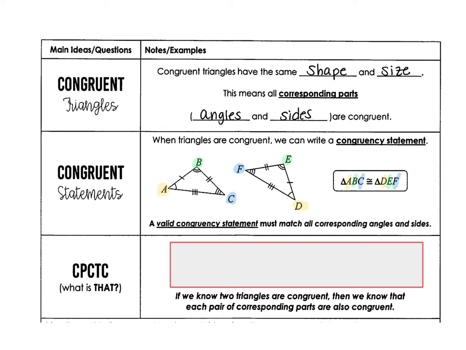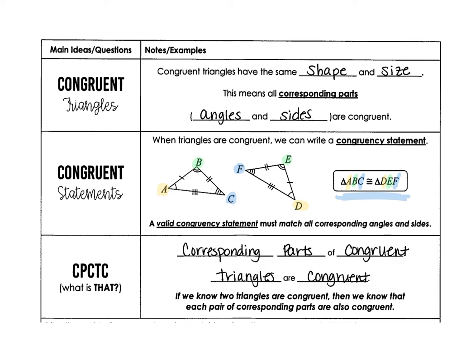Order matters because this statement right here is actually telling me which parts are congruent. The way you write it tells me which ones are congruent to each other. And so the order matters, and you will miss it if you mess up the order. So if I ask you to tell me what's congruent and you do it in the wrong order, you're going to get it wrong because you're telling me the wrong parts are congruent. Which leads us to this next piece. You're going to use this with proofs as well.